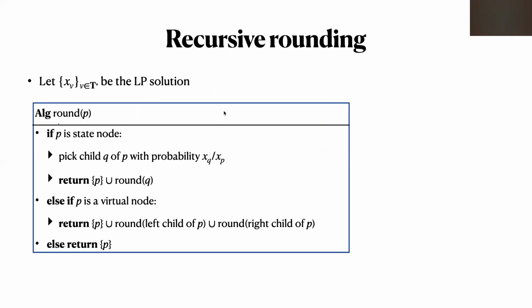Now suppose we have got the LP solution. We use this simple recursive rounding algorithm to round it. So given a state node P, we choose a virtual node Q with probability x_Q over x_P. This just means we randomly choose a partition of the state.